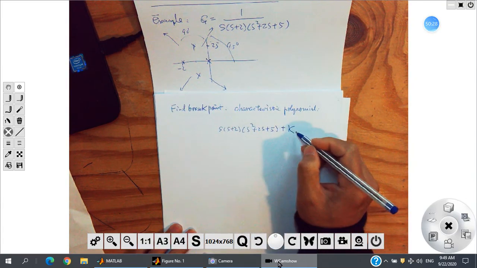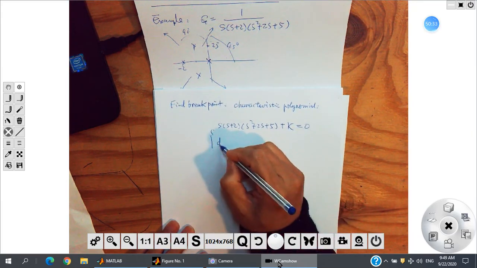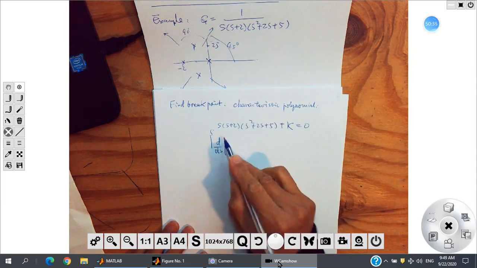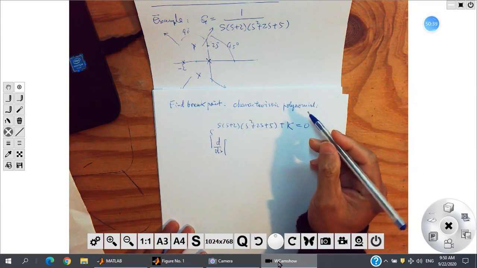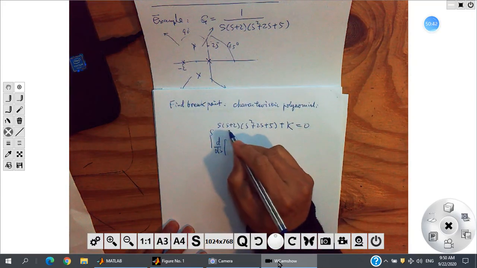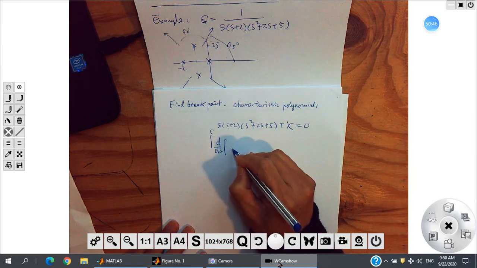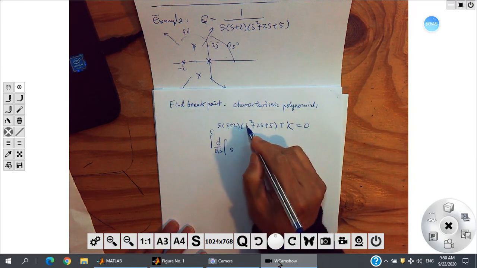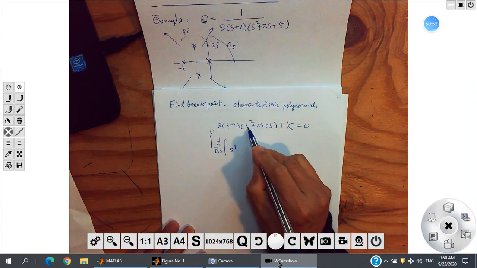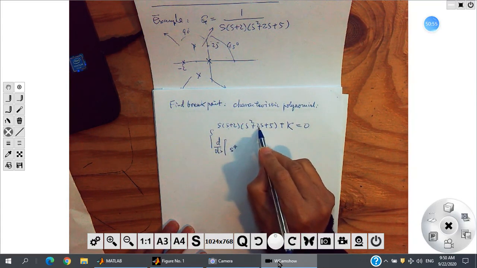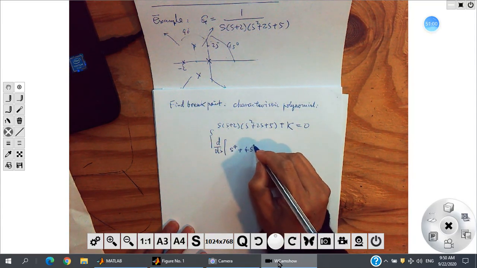I want this equal to 0, and the derivative of it, d over ds, also 0. Let me multiply it together. This is s plus 2 times, so it is s cubed, but another s, so s to the fourth, and the s squared term: this is s squared, this is another s squared, so 2 and 2 I have 4 s cubed.